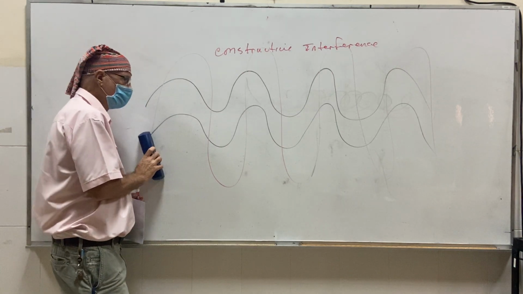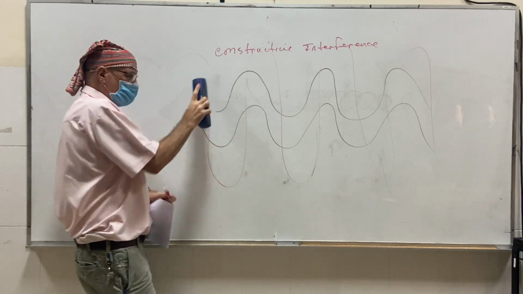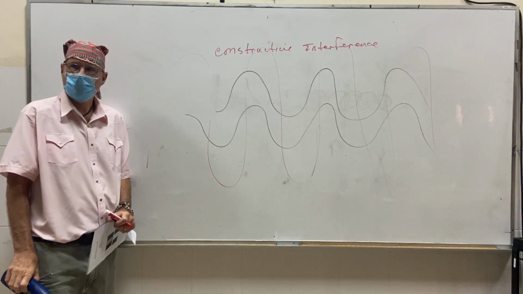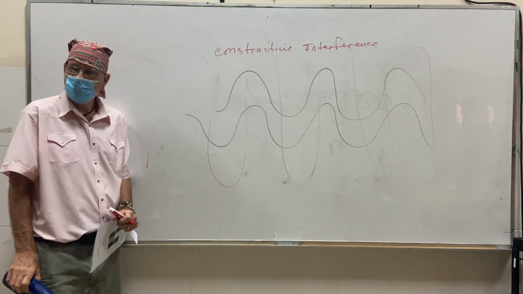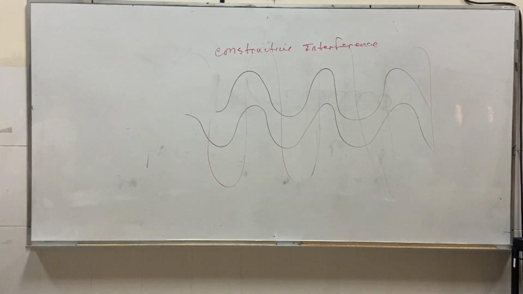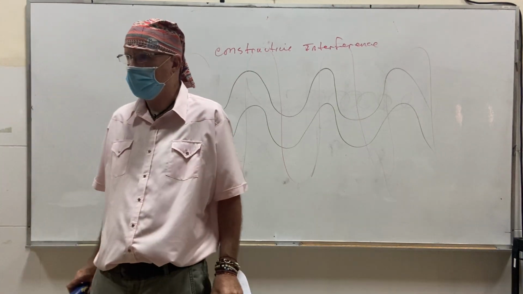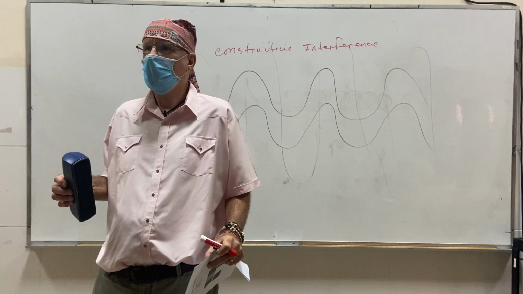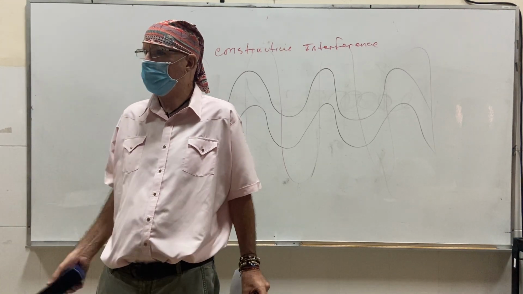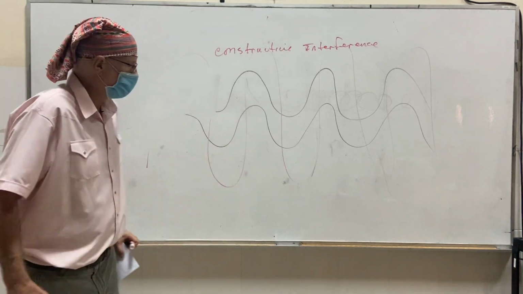Okay, easy? Yes? We're making a film. Constructive interference. Okay? Yes. What is it? When two sound waves add together to create a louder or a greater wave with greater amplitude, that's constructive interference.